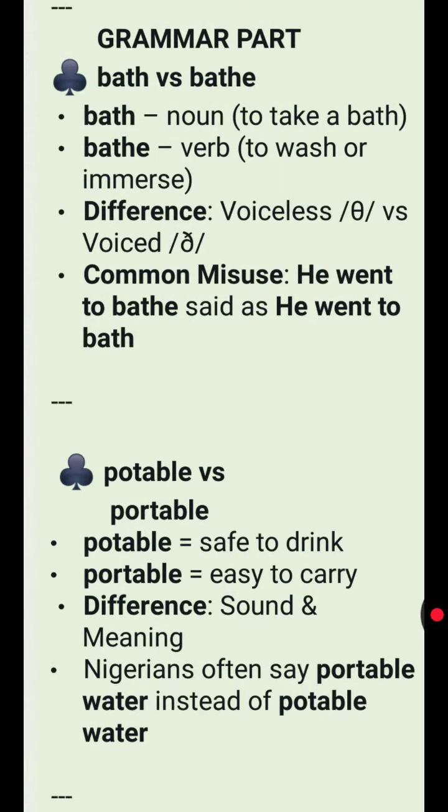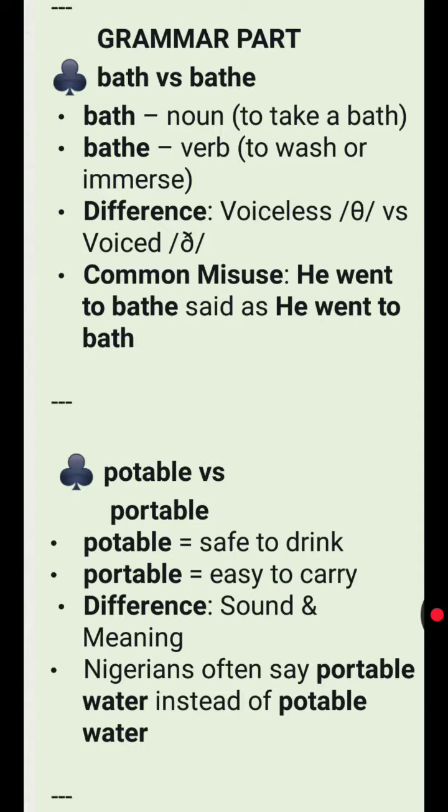I want to draw your mind to another set of words like this, which are cloth and clothe. When you say cloth, it's a noun. Cloth, C-L-O-T-H, pronounced as cloth. It's a noun.